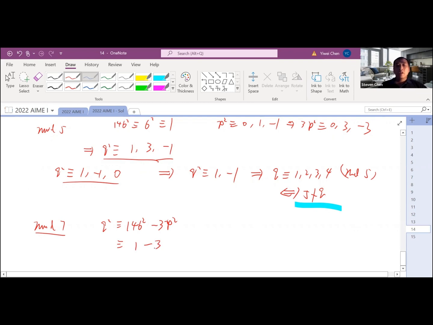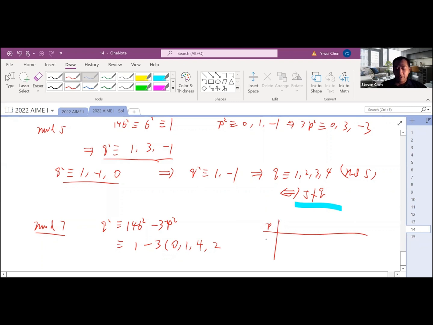So what about the possible congruent numbers of a perfect square modulo 7? We can easily find that out.